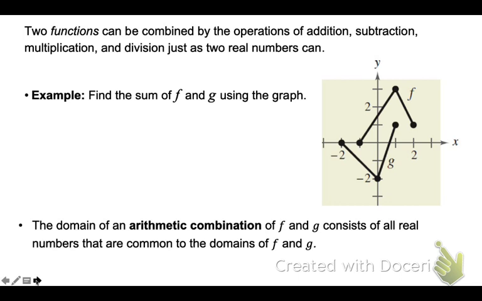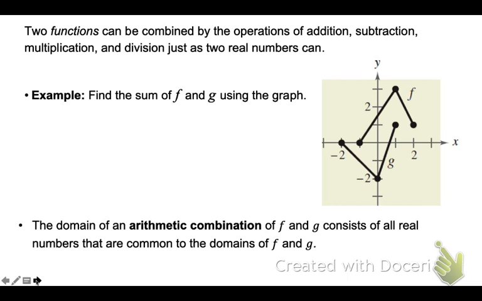Now, the only thing I can combine is the shared domain. Okay, so I'm going to come down here. The domain of arithmetic combinations of f and g consists of all the real numbers that are common to both their domains. So, can I put -1 when I add them? Yeah.